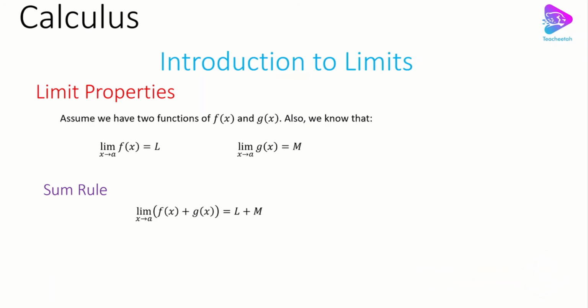As you can see here, the limit of f of x plus g of x when x approaches a is going to be the summation of their individual limits. The limit of f of x equals L, the limit of g of x when x approaches a equals m. Therefore their summation is going to be L plus m.